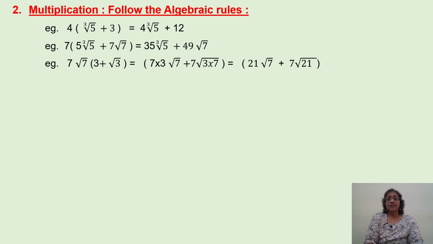The next example, when we open out the brackets, 7 3s are 21 and the root 7 will remain as it is, and 7 into root 3 will become under root 21. All right. So what I have done here is that the roots are multiplied, that is 7 and 3.